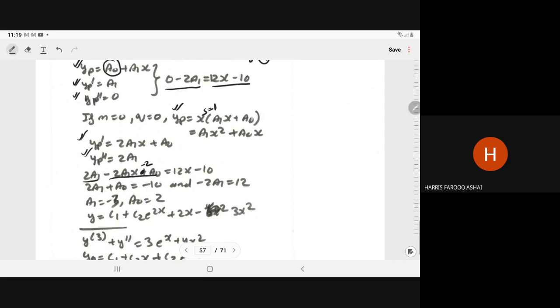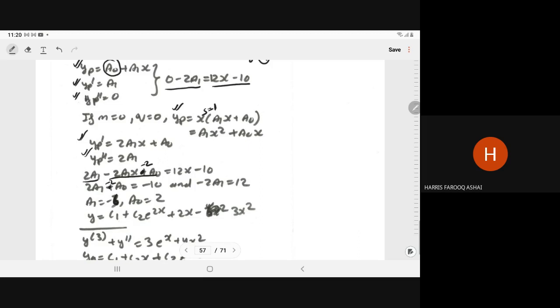So as you compare the coefficient of x and the term independent of x, it will become minus 2a naught is equal to 10 and minus 2a1 is equal to 12. So a1 will come minus 6. When we put a1 is equal to minus 6, it will become minus 12.